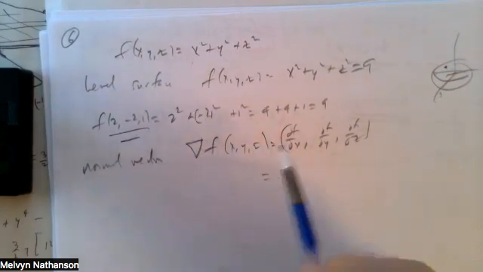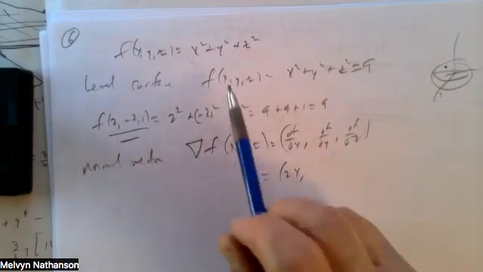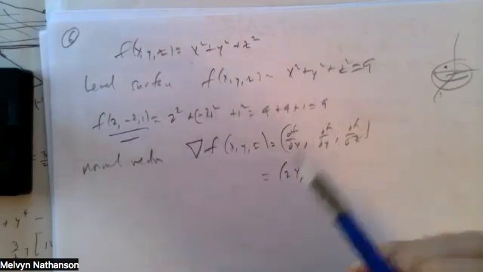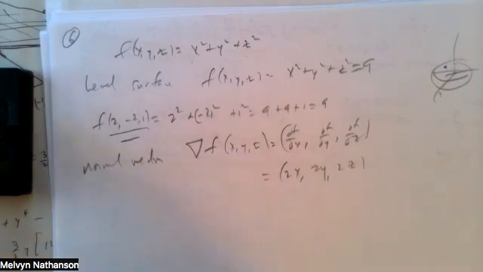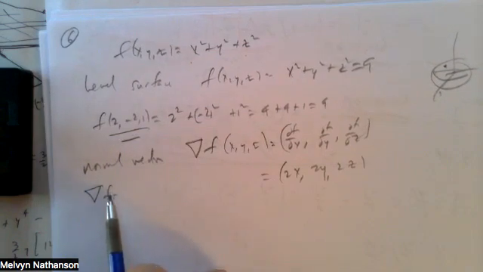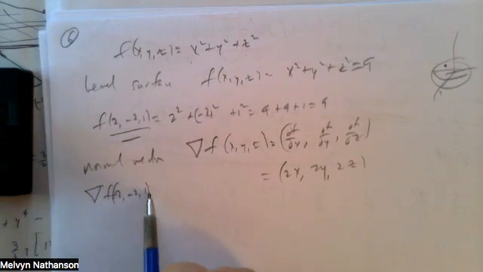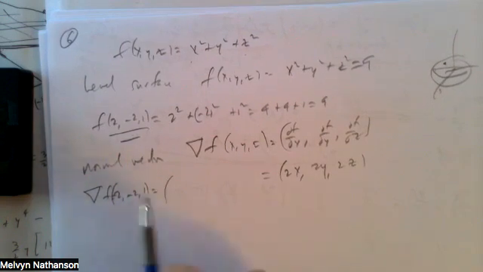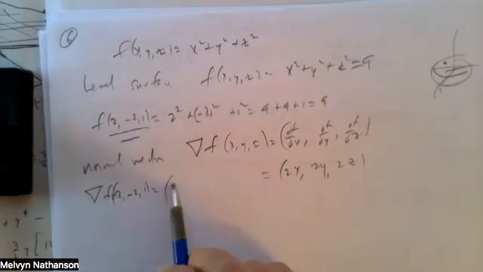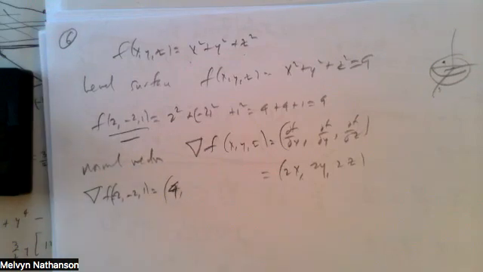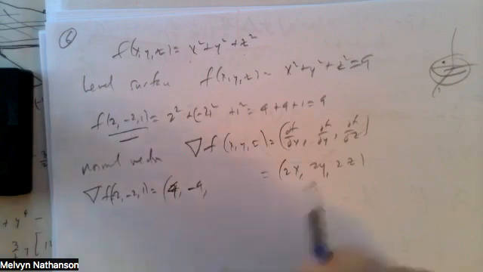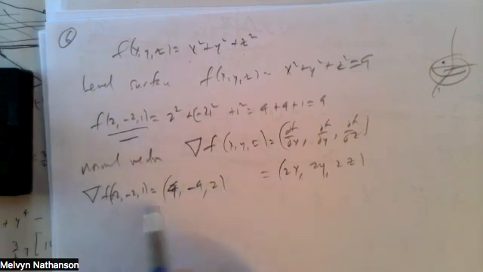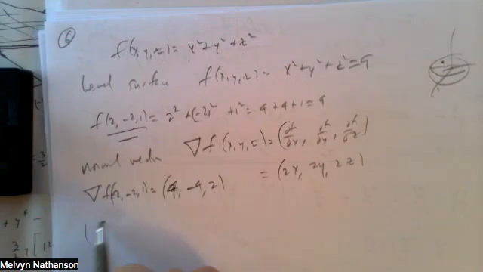When you differentiate with respect to x, you get 2x. With respect to y, you get 2y. With respect to z, you get 2z. So the gradient of f at the point 2, minus 2, 1 is the vector 2 times 2, 4, 2 times minus 2, minus 4, 2 times 1, 2.